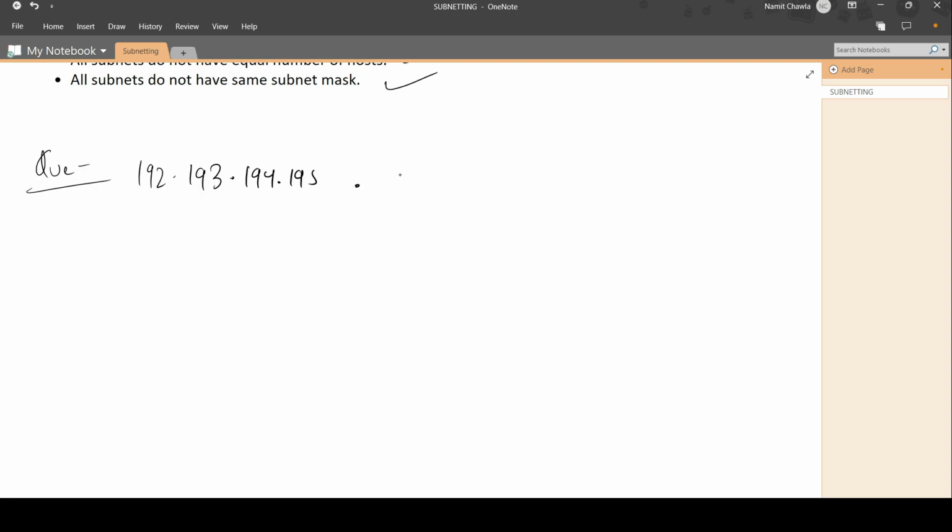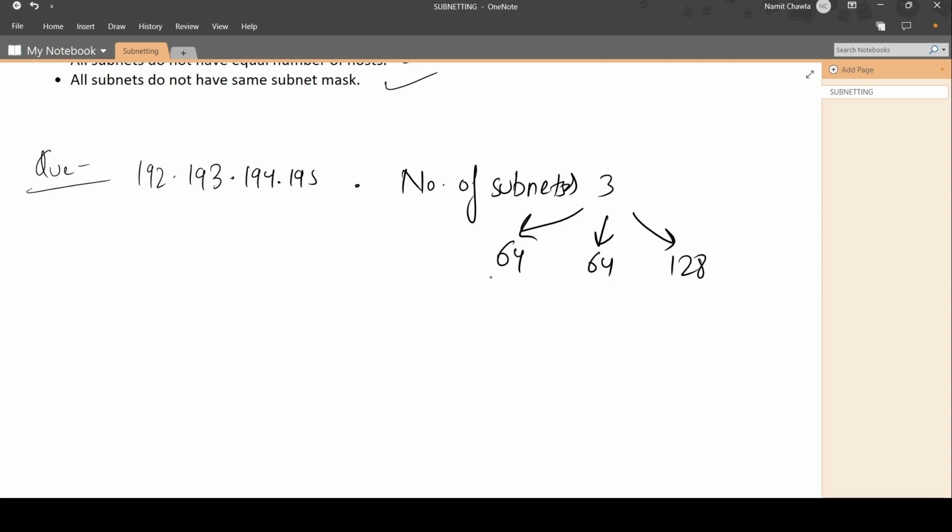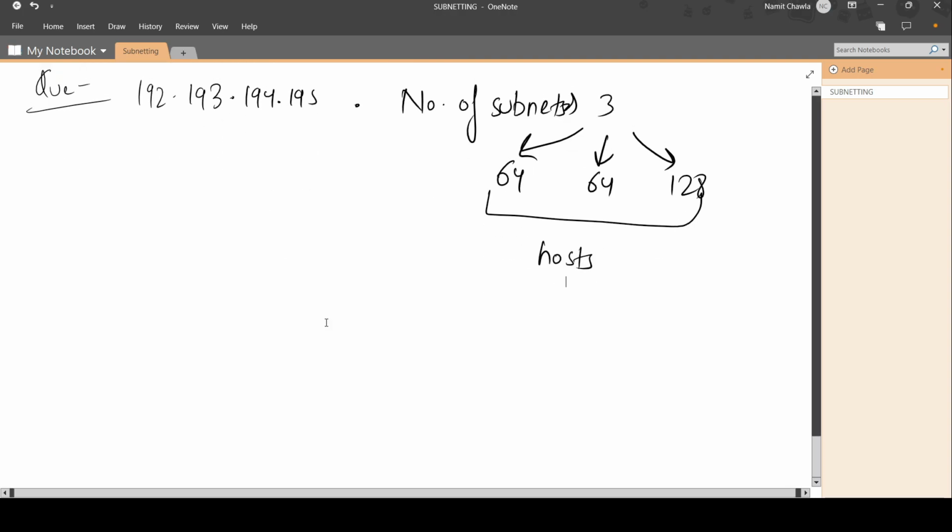Let's say the number of subnets that I want to have is 3, in which the first subnet is going to have 64, the second subnet is going to have 64, and the third subnet is going to have 128 hosts. Cool. Now the number of hosts are varying over here, as simple as that.